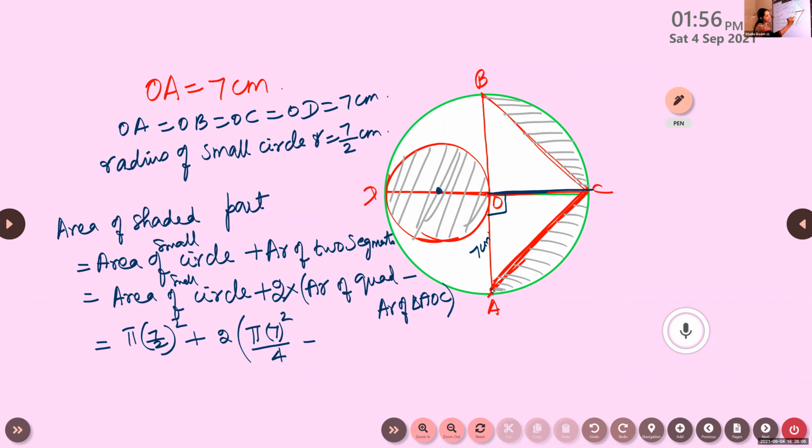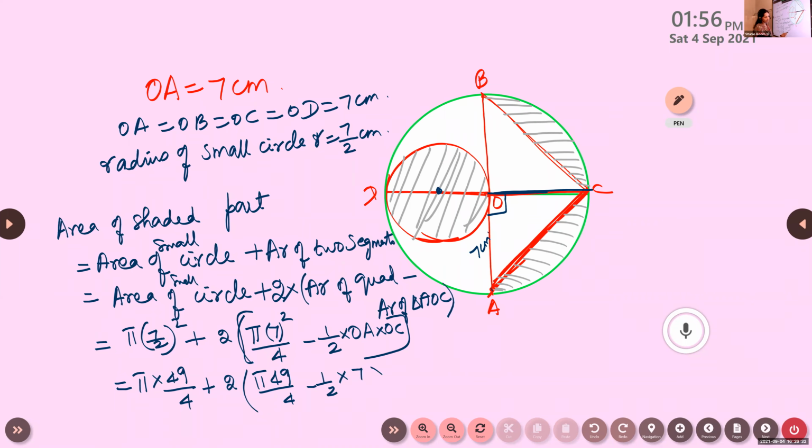AOC is a right angled triangle, so we can use half into base into height, half into OA into OC. So it is pi into 49 by 4 plus 2 into pi into 49 by 4 minus half into OA, which is 7, OC is also 7.